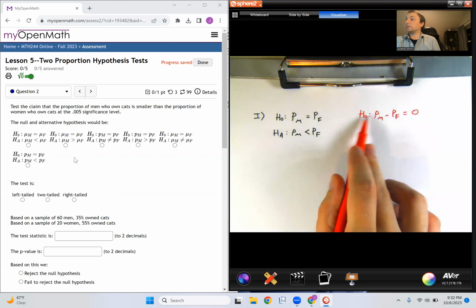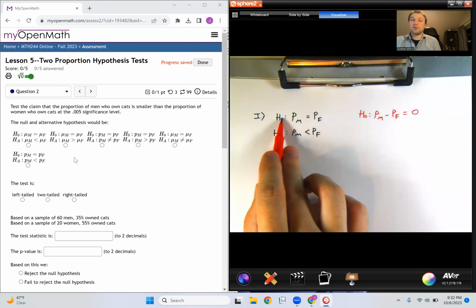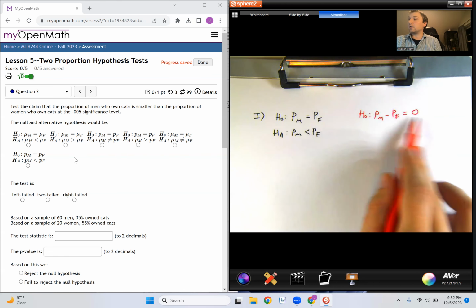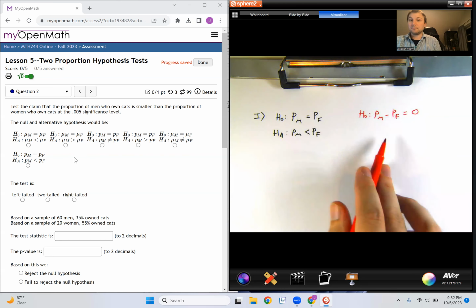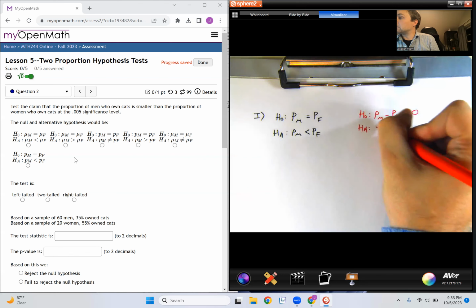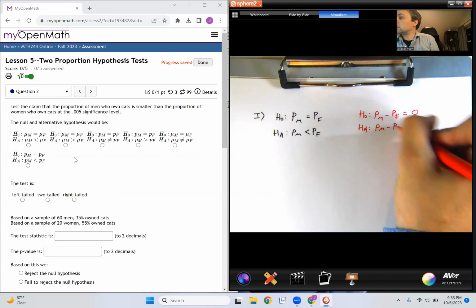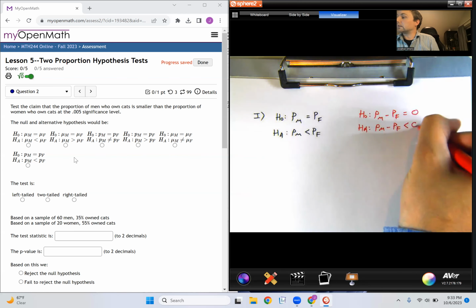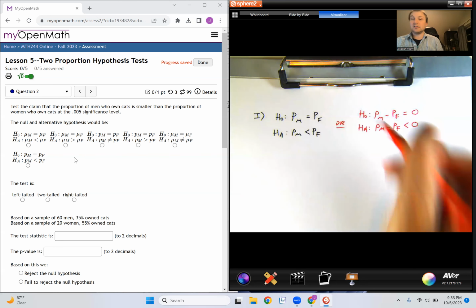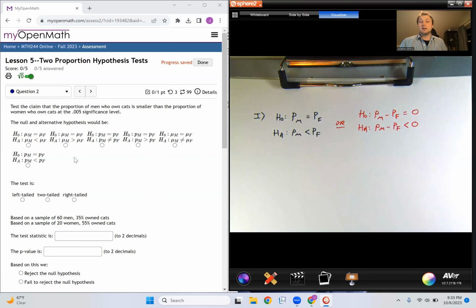That's really where this 0 in the null hypothesis comes from: no difference in the groups, a difference of 0. So you could write it either way there. Likewise, for the alternative hypothesis, male minus female is less than 0. So either one of these ways to write the hypotheses is fine.